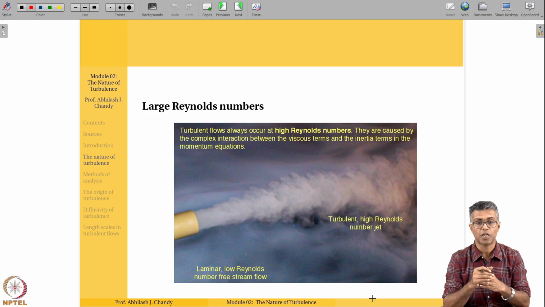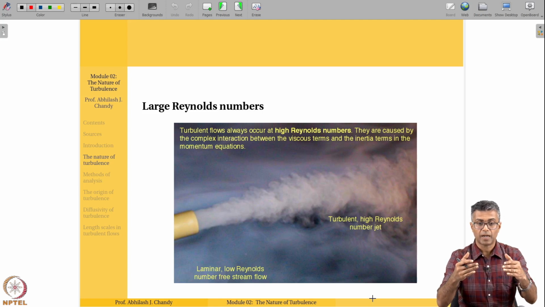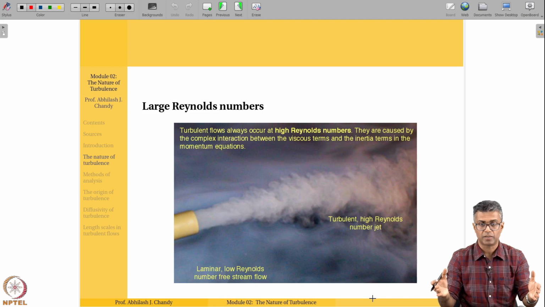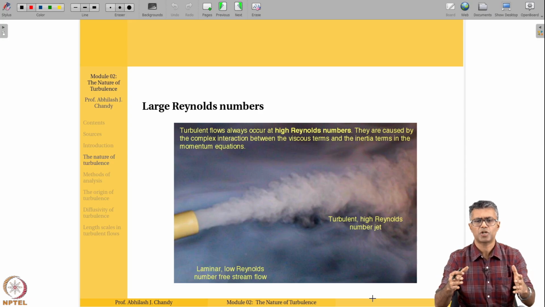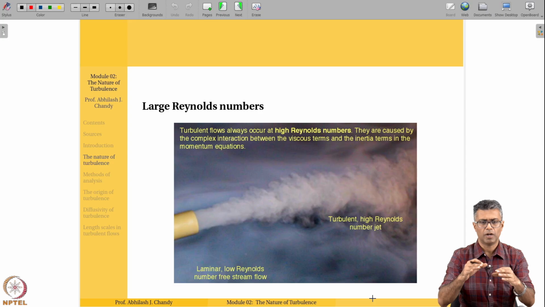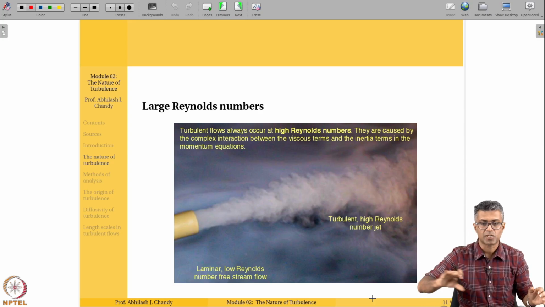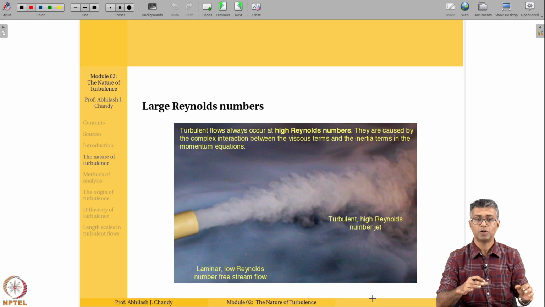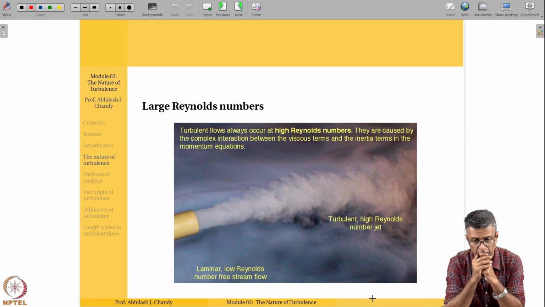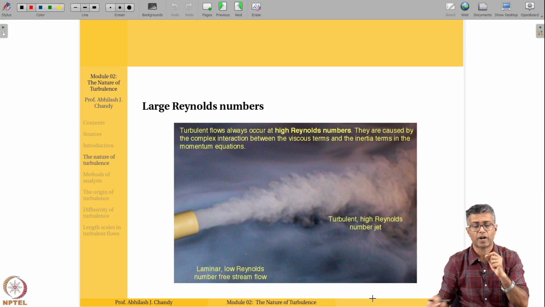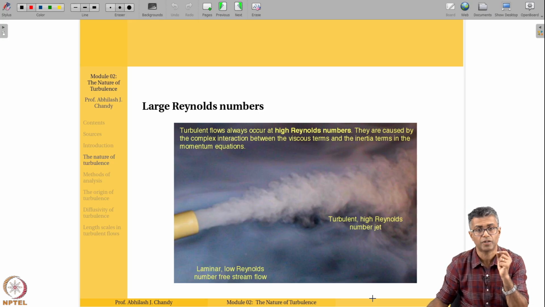So you have this jet that is emanating, and around the jet you have sort of a quiescent environment. So essentially laminar, low Reynolds numbers, free stream flow. And the jet itself is at high speed or large Reynolds numbers, and that you have a turbulent high Reynolds number jet. So complex interaction between viscous terms and inertia terms.